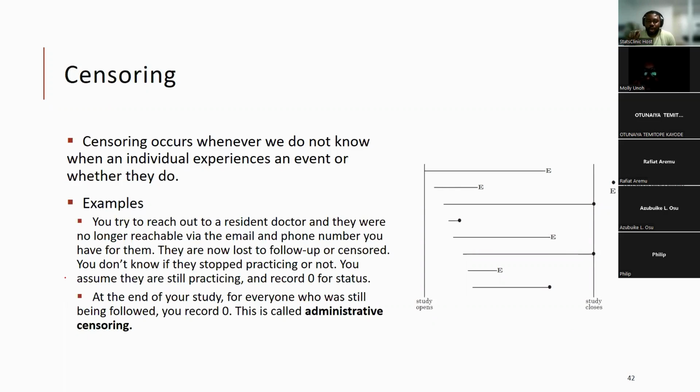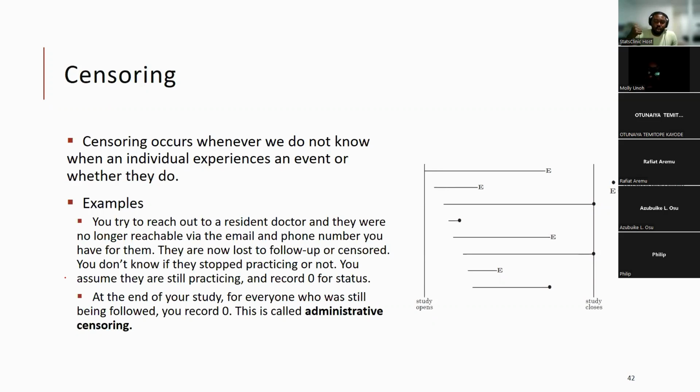So censoring is when we don't know the outcome that the person experienced. Okay. It might be because we lost contact with them, or because the study ended before they experienced the outcome.